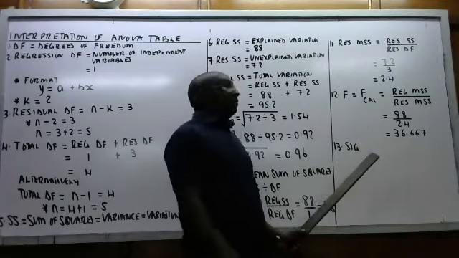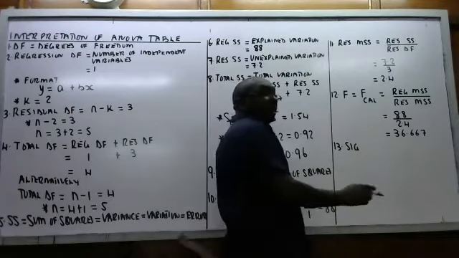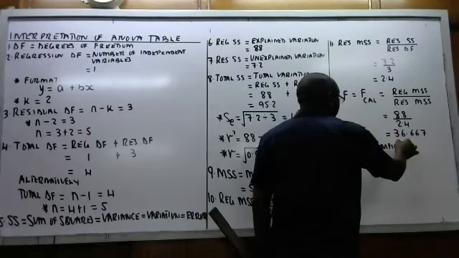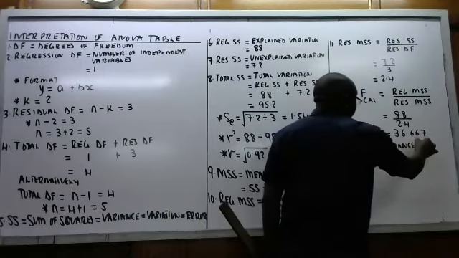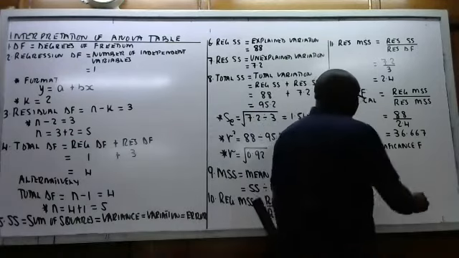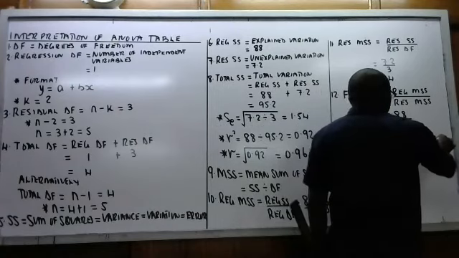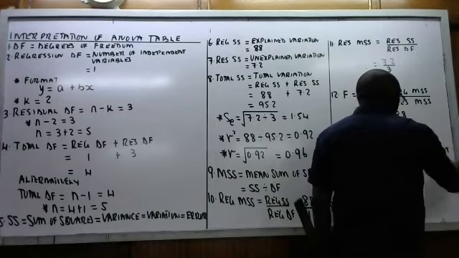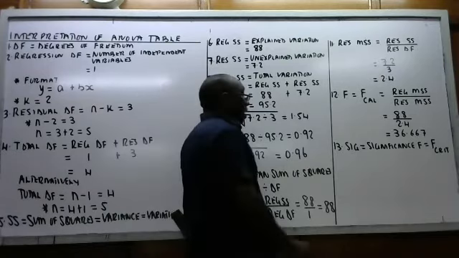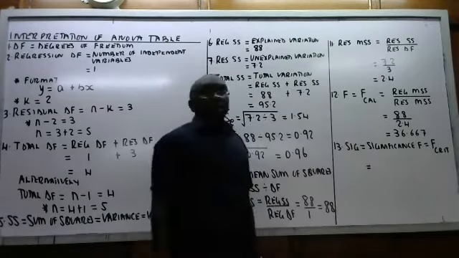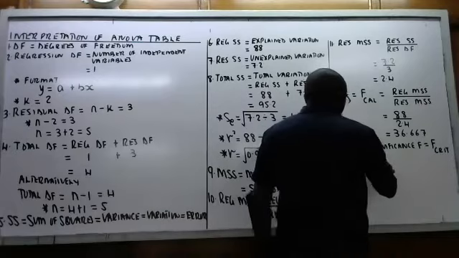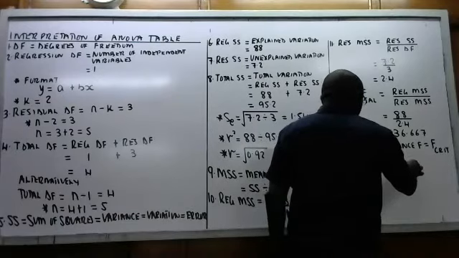Some softwares just give it as SIG, but some others, like the one we have as of now, give you the full word, significance F. And this significance F, it is what in our notes we call F critical. We are given that it is 0.00904.